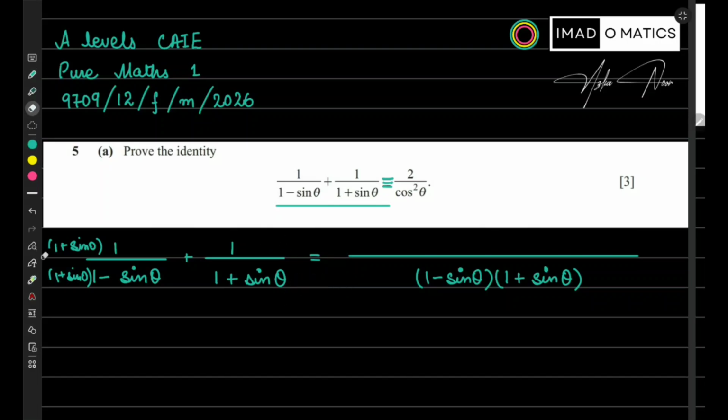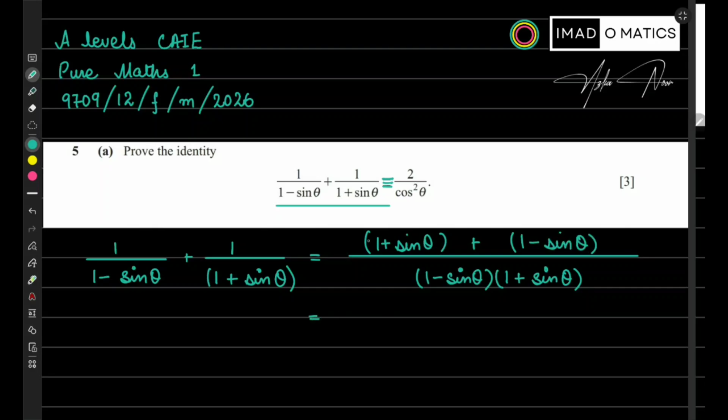Or I'm doing it the other way. I know that 1 minus sine theta is 1 plus sine theta times 1 minus sine theta, so here will be 1 plus sine theta, and 1 plus sine theta is 1 minus sine theta times this common denominator, so here will come 1 minus sine theta.